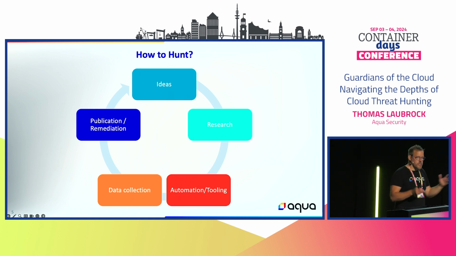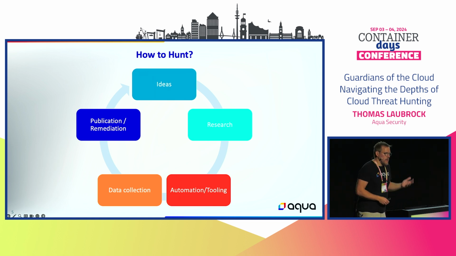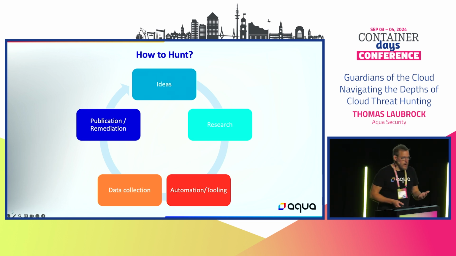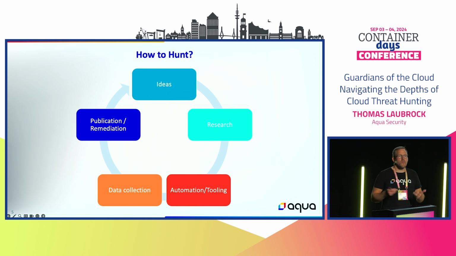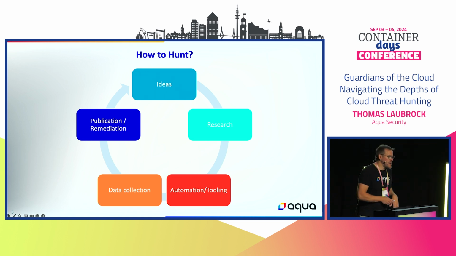So creating some tools, getting some evidence, collect the data, right? And then do publications, share these findings, right? This is important for us that we don't keep the things to us. Of course, security information, vulnerabilities, weaknesses should be shared to everyone, so that everyone can fight against this.